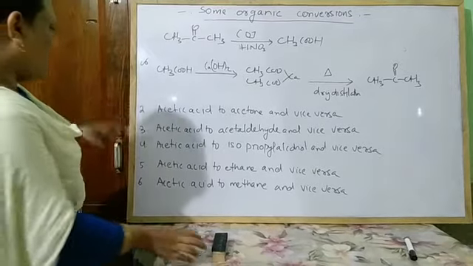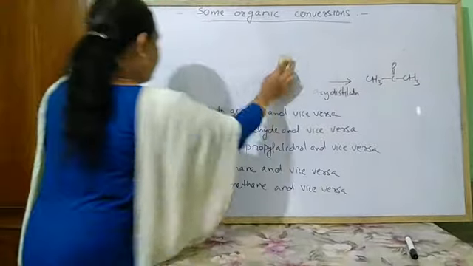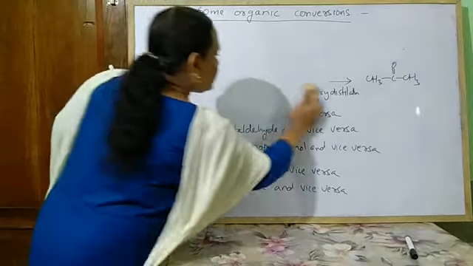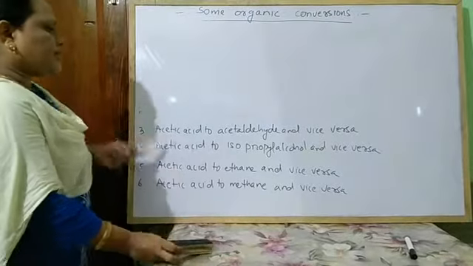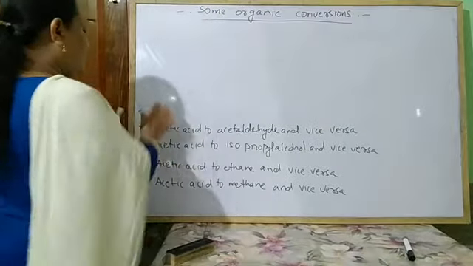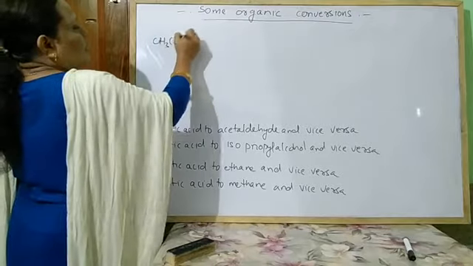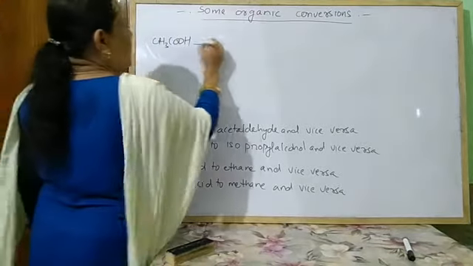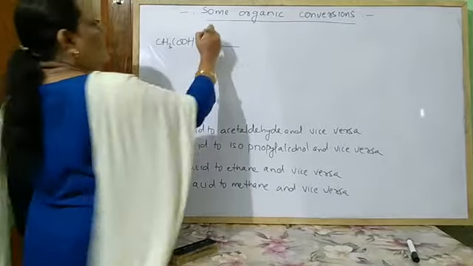Next, move to next question. That is acetic acid to acetaldehyde. Very simple method. Acetic acid, same, reacts with either SOCl2 or PCl3 or PCl5.